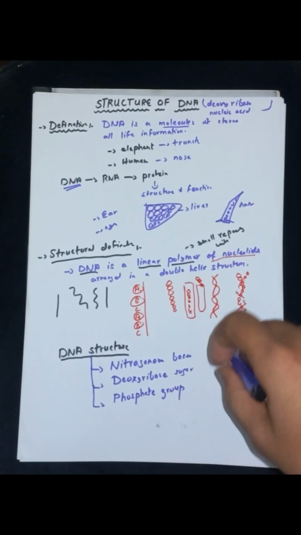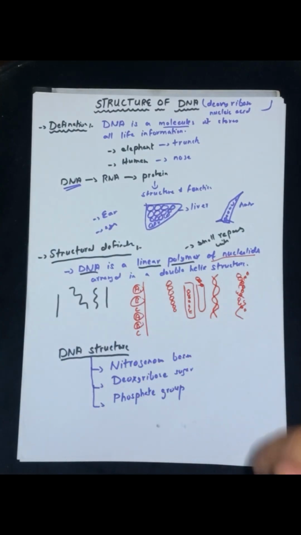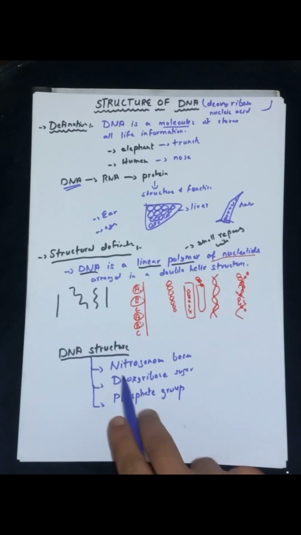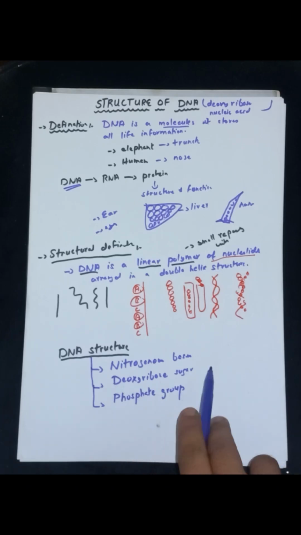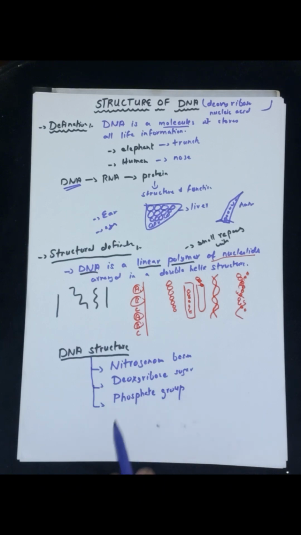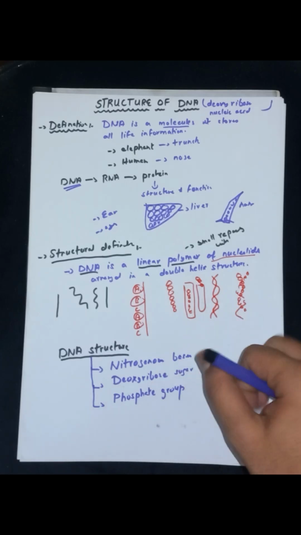So these are the only three things that we require to make a DNA: nitrogenous bases, deoxyribose sugar, and phosphate group. Or we can say DNA is made up of only these three things. So now let's discuss how they are structurally arranged, and what these nitrogenous bases are, what this deoxyribose sugar is, and what these phosphate groups are. Okay.